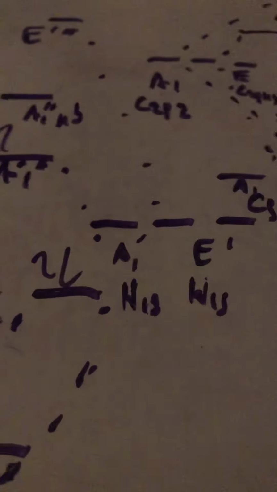Now, comparing these two MO diagrams, the first thing we notice is that D3h is slightly lower in energy than C3v.